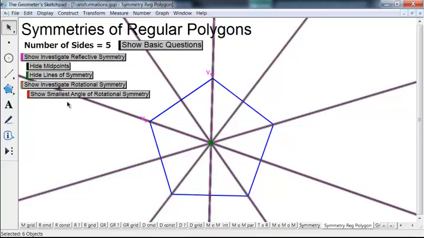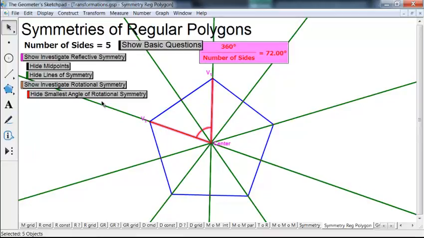In other words, the perpendicular bisector of a side actually goes through a vertex, or a median from a vertex to the midpoint of one of the sides. One of those is going to be perpendicular, and those are the ones that are going to give you lines of symmetry. And of course, if you have multiple lines of symmetry, you're also going to have some rotational symmetries as well. The smallest angle of rotation is from one vertex to the next.